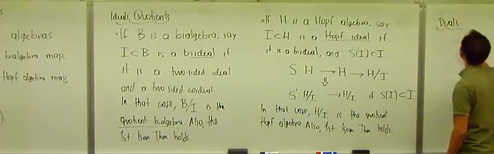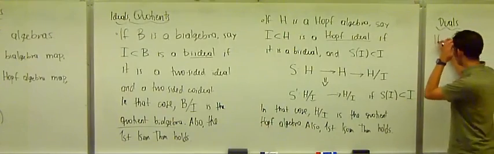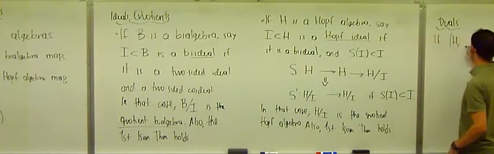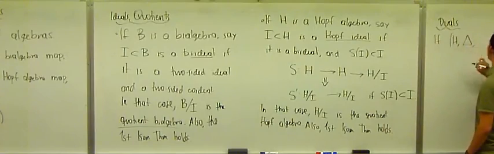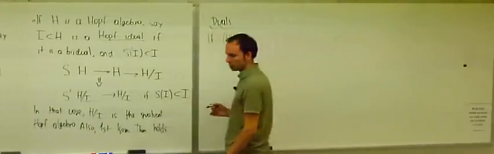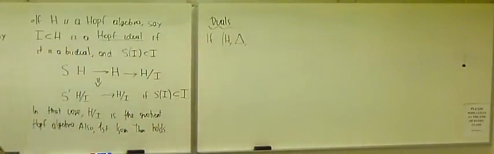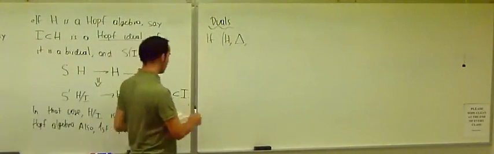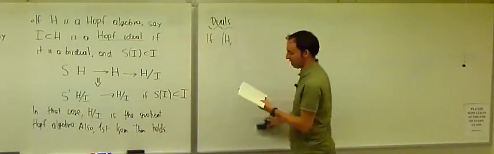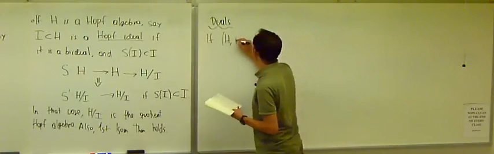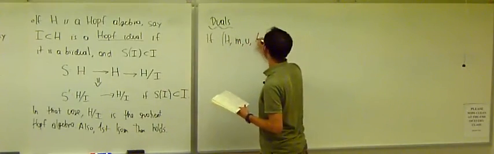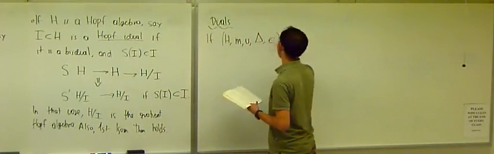And naturally, we might also want to talk about duals. Right? So if you have a Hopf algebra, and now let me say, it comes with multiplication, unit, co-multiplication, and co-unit.